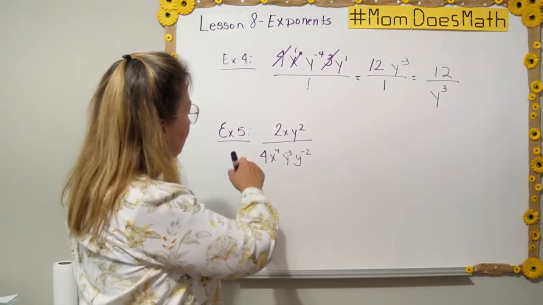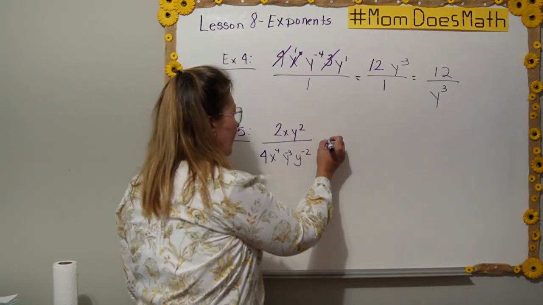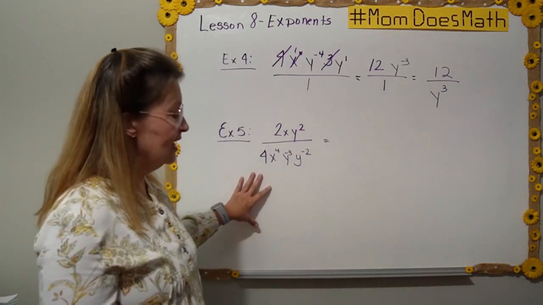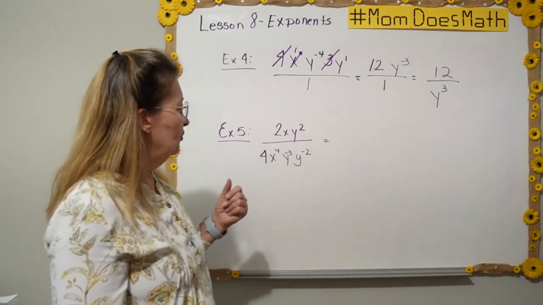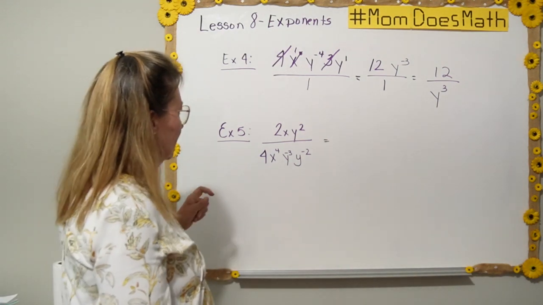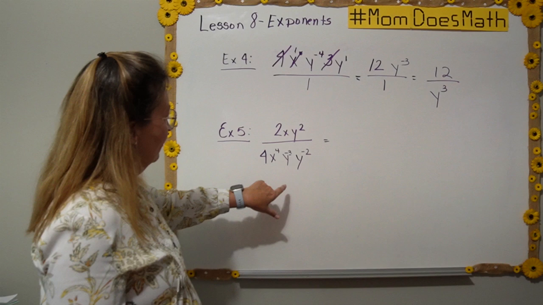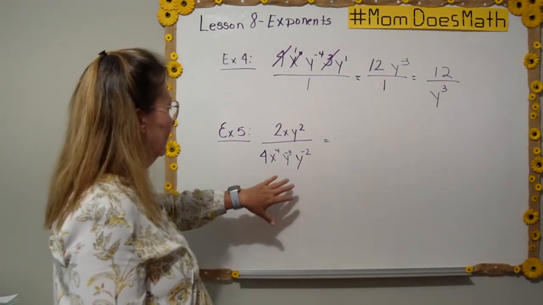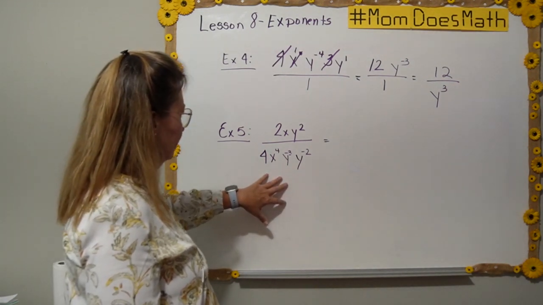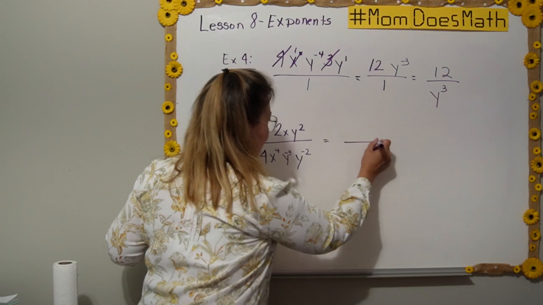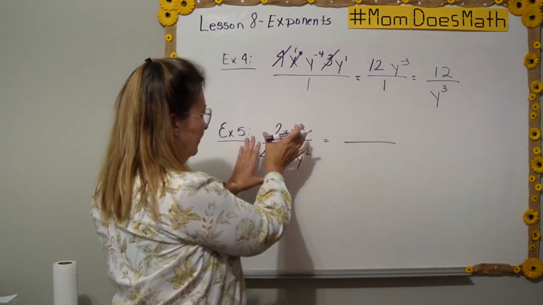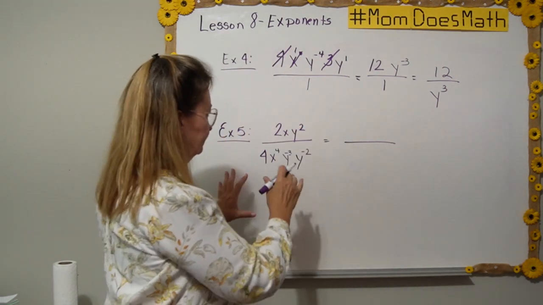All right, now let's go for example 5, and there's a lot to unpack here. A lot of different ways we could simplify this. Let me rewrite that so that it looks the same. Now, the first thing I see, a lot of things first. Let's just walk through this. I like to have everything simplified on the top and the bottom first.